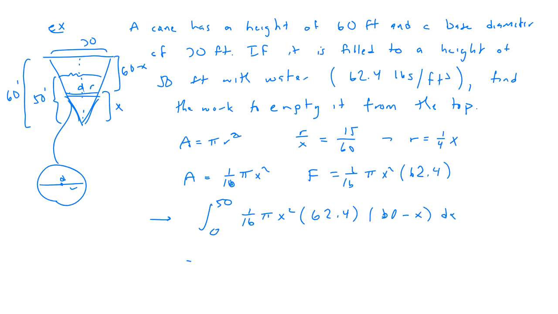The reason that's sort of backwards is that really we're moving the pipe down, and the pipe first hits water at the height of 50, and it goes down to 0.